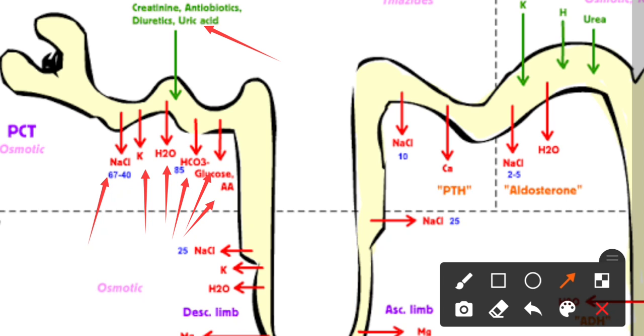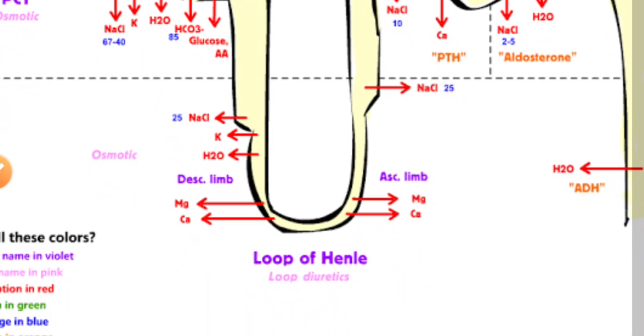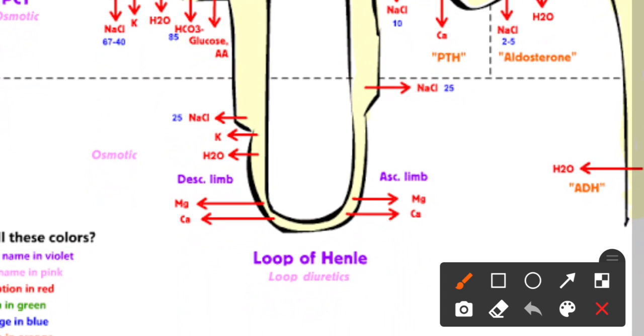If I go further to the loop of Henle, you can very well see that in the first part, the descending limb, some of the sodium chloride is coming out, and this is a kind of reabsorption of sodium. We have the potassium coming out, and water is coming out to some extent. Magnesium and calcium are also coming out of this descending limb of the loop of Henle.